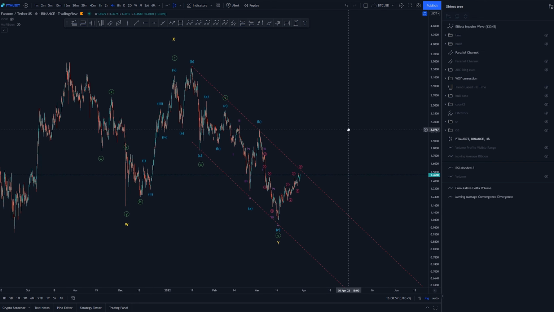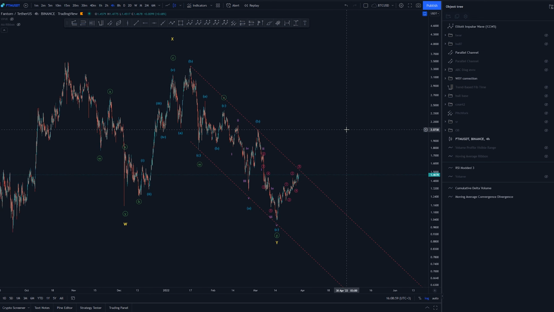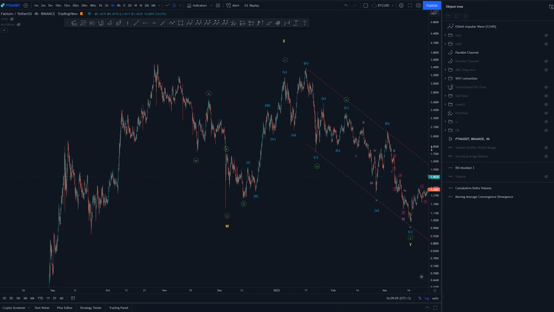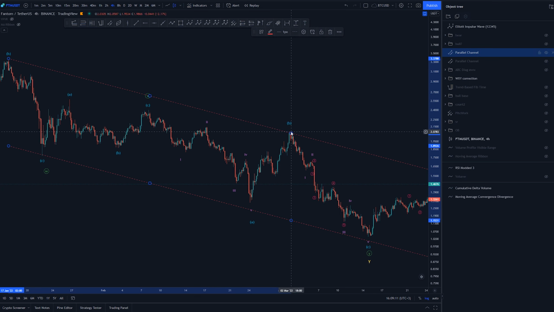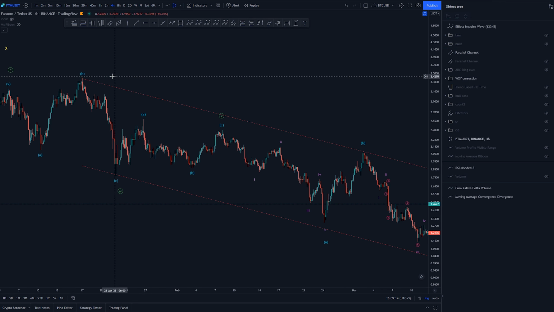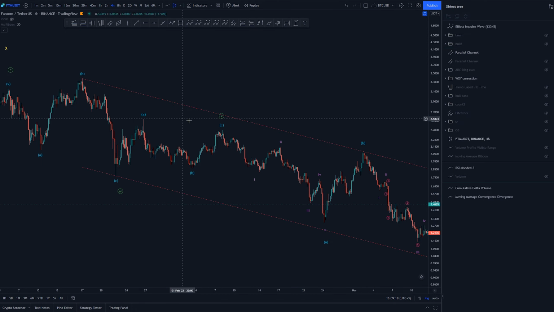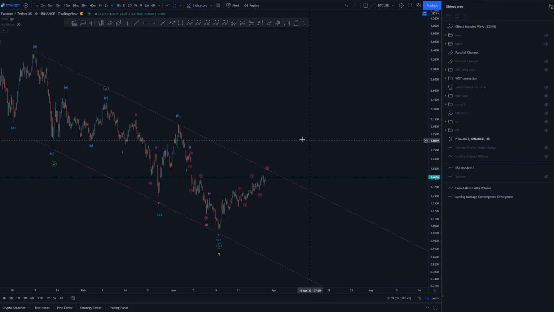We haven't crossed it, not at all. So we definitely need to keep that in mind and see whether we get a reaction here or not. Let me actually just put this on proper spots, because I did it on higher time frames, so when zoomed in it doesn't line up that well.